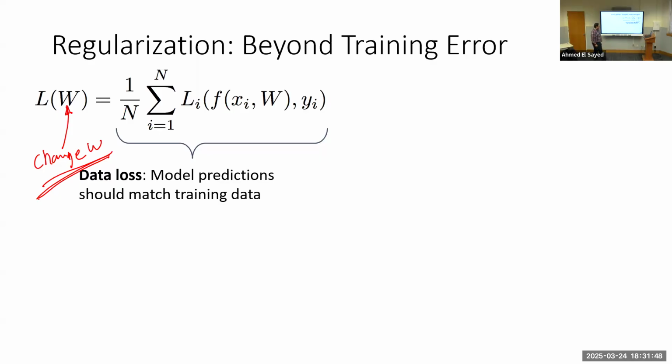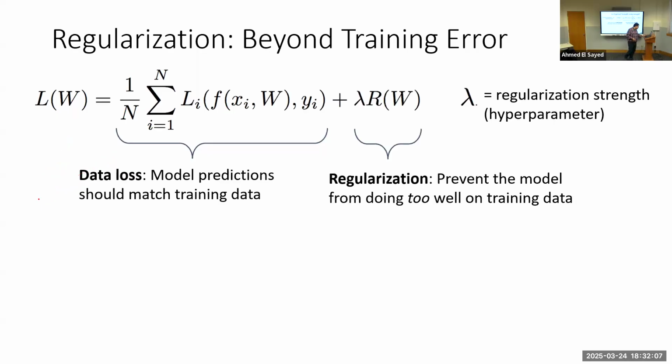Okay? There is one small tiny problem. What is this problem? If I keep the problem like this and try to find the value of W that gives me 0 L, I'm stuck in a problem in machine learning called overfitting.